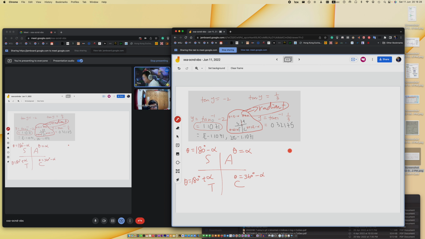Now let me give you a simple one. Tangent? No, let's not play with tangent, let's just play with sine. Y is equal to sine. Can you remember it's always between -1 and 1? Because of the sine curve, it's always between 1 and -1.